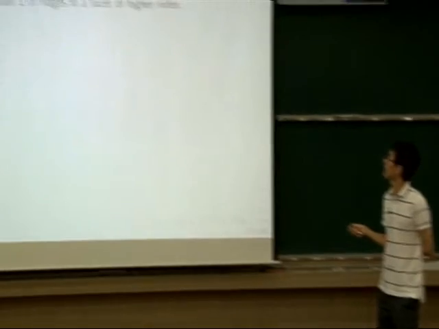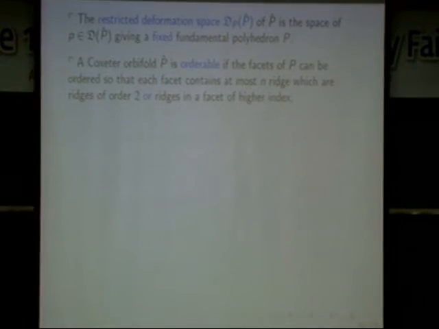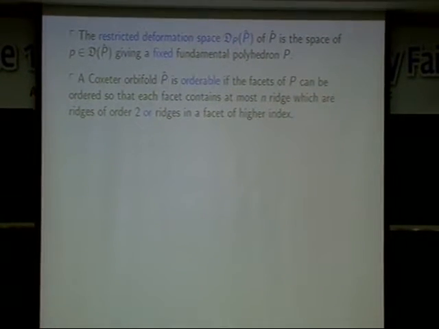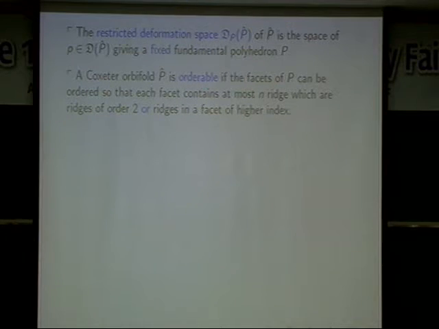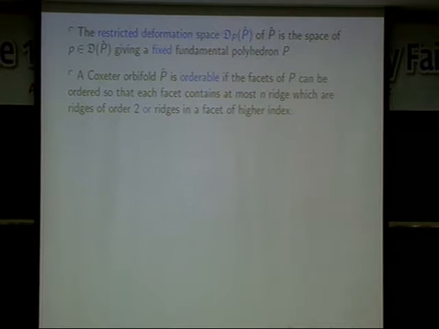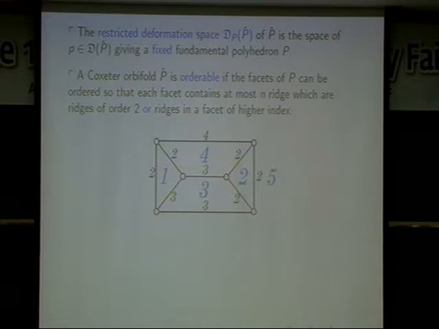A Coxeter orbifold P hat is orderable if the facets of P can be ordered so that each facet contains at most n ridges which are ridges of order 2 or ridges in a facet of higher index. So this is an example.